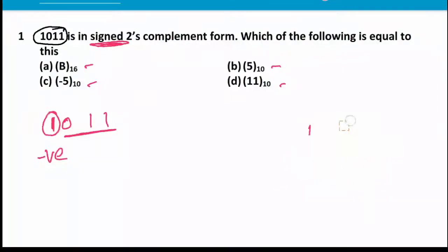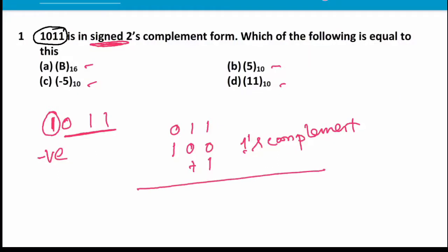That is, here this is 011 which is already in the 2's complement form, and I will again do the same process. So this is 100, this is the 1's complement, and plus 1, this is the 2's complement.